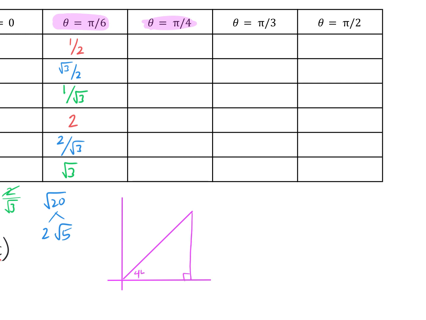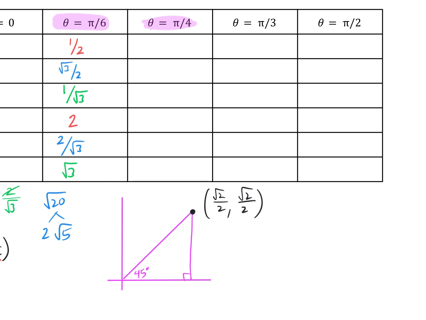So that's my 45, 45, 90 triangle. If I were to label this point up top, what would that coordinate be in the first quadrant? Yeah, square root of 2 over 2, square root of 2 over 2.